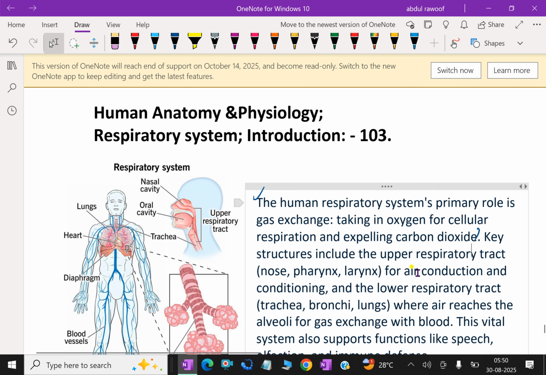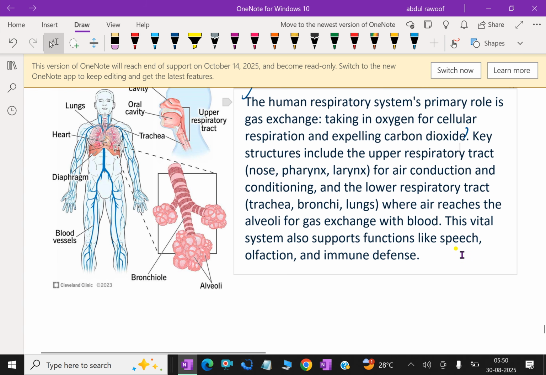The key structures include the upper respiratory tract, that is nose, pharynx, and larynx, for air conduction and conditioning, and the lower respiratory tract, that is trachea, bronchi and lungs, where air reaches the alveoli for gas exchange with blood. This vital system also supports functions like speech, olfaction and immune defense.